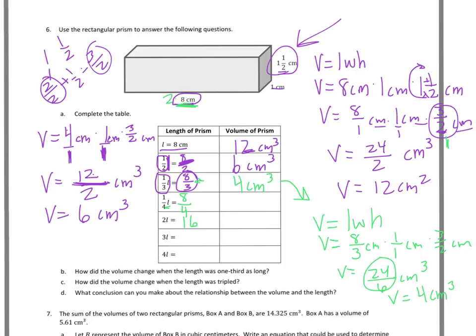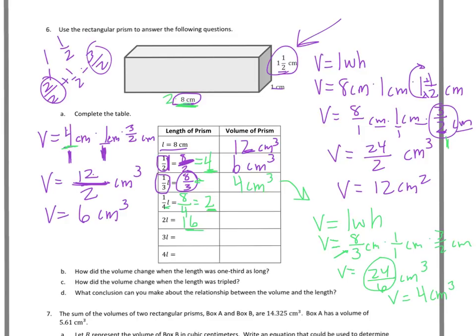So you're finding ways that we can now use what we have to plug in. So 1/2 of 8, we did 4 up here. We put it in over here. 8/3, we can't really figure that out, so we're going to leave that as the fraction, which we did over here. 8/4 is really 2, because 8 divided by 4 is 2. And then we'll plug in these new lengths into our formula, and we'll find the volume.